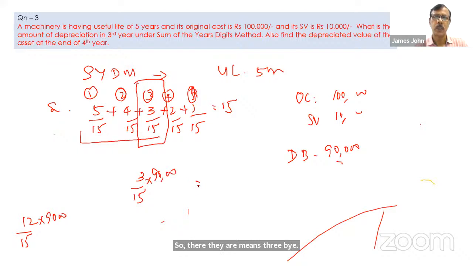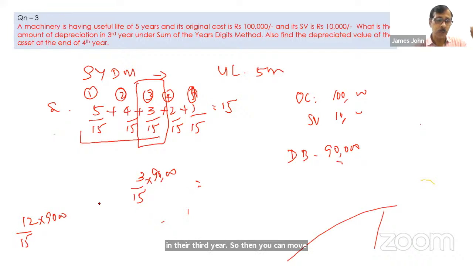So, we have to calculate for each and every year, sir? For fifth year, fourth year, third year, second year, first year? No. Look at the question, what they are asked. If the question is, what is the depreciation up to third year, you have to add the first year, second year, third year. There you can do it in two ways.